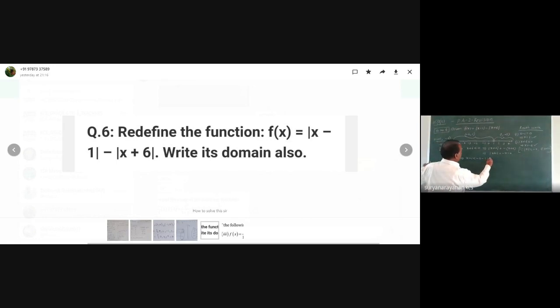Then what will we get? x minus 1 less than minus 7. Yes or no? x minus 1 is also a negative number, less than minus 7. This implies mod x minus 1 is equal to minus of x minus 1, that is equal to minus x plus 1.